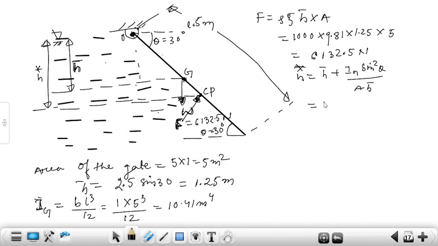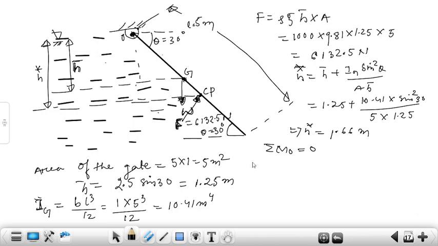So h bar is 1.25 plus Ig we calculated 10.41 into sin square theta, theta is 30 degree, divided by area 5 meter square, and h bar is also 1.25. So in this case we can find the h star, where the center of pressure is, where the force acts. So h star is 0.66 meter.